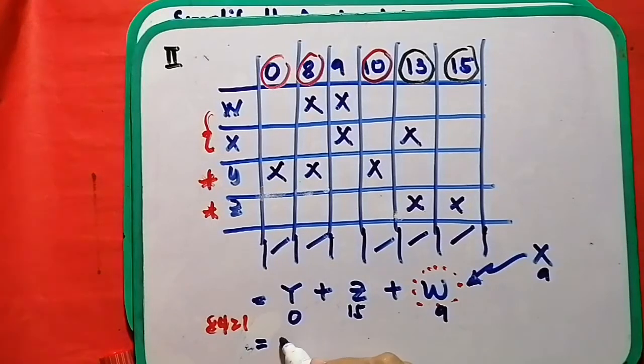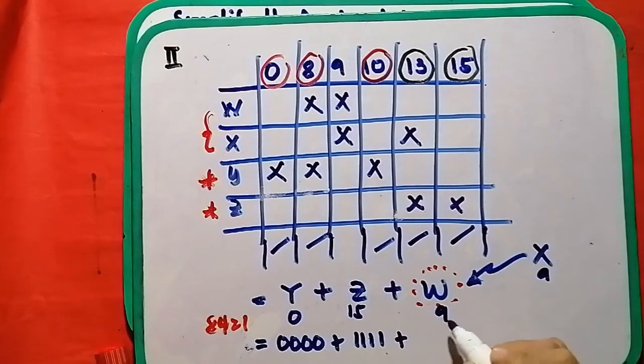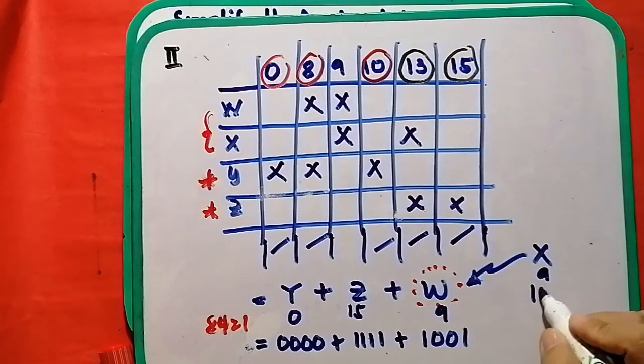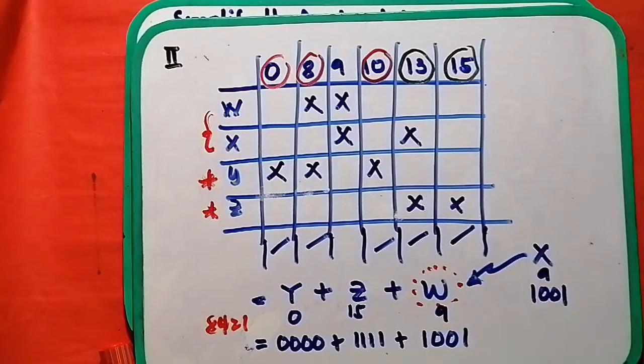So this will all be zeros. 15, all ones. Why? Because 8 plus 4 plus 2 plus 1 is 15. Plus 9 is, we add 8 and 1. 8 plus 1 is 9. So that would be 1, 0, 0, 1. 1, 2, 4, 8. 8 plus 1 is 9. Same thing in here.